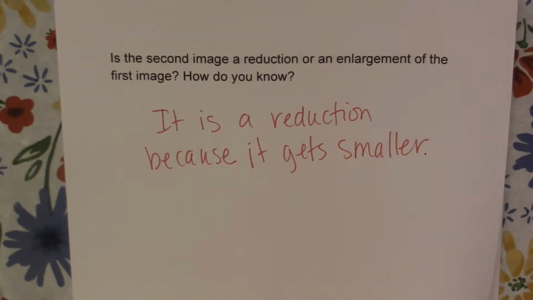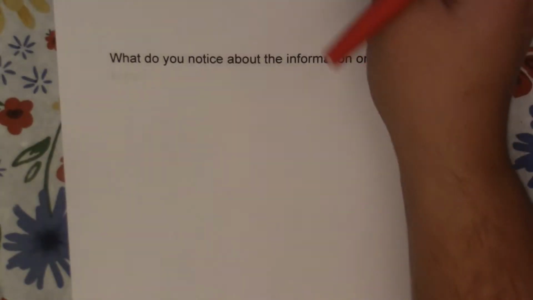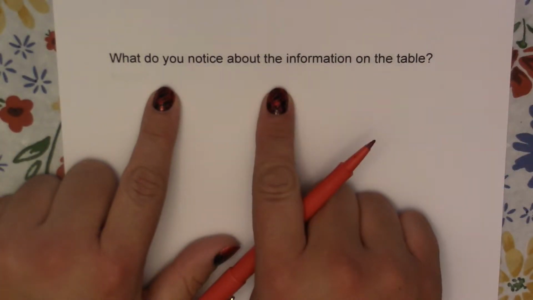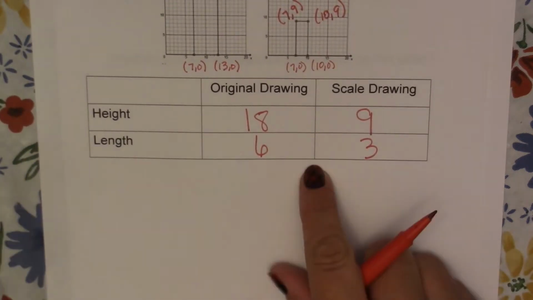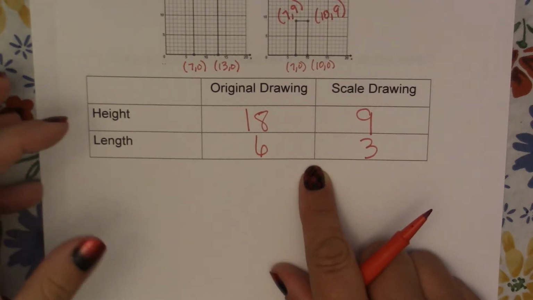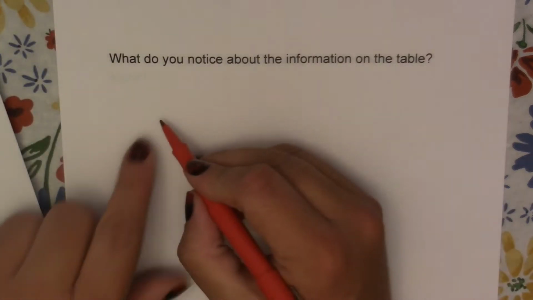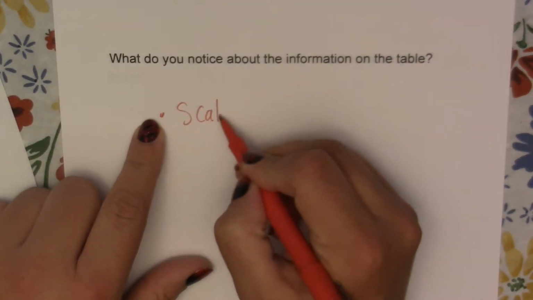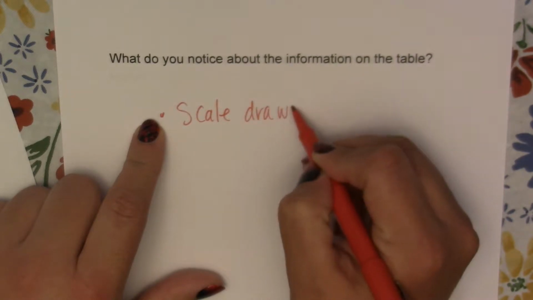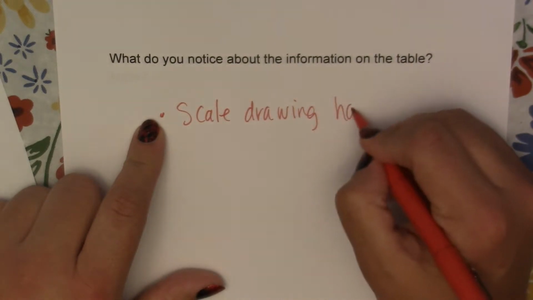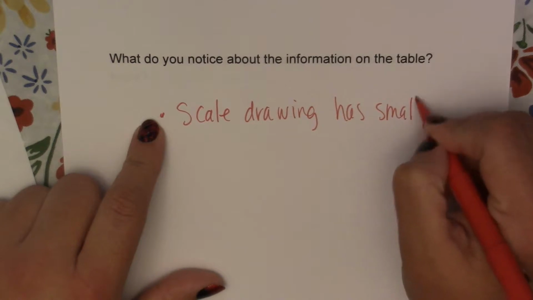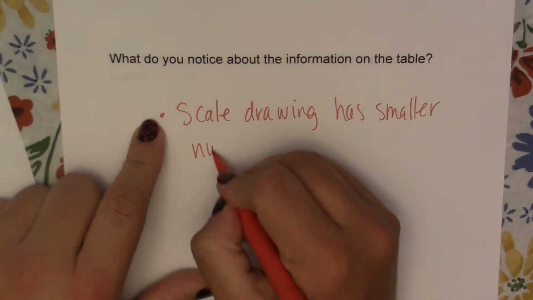Okay. Our next question. What do you notice about the information on the table? So we're going to look at our numbers that we have in the table, and let's list some things that we notice about our numbers. The scale drawing has smaller numbers is one thing I notice. So the scale drawing has smaller numbers or lengths.